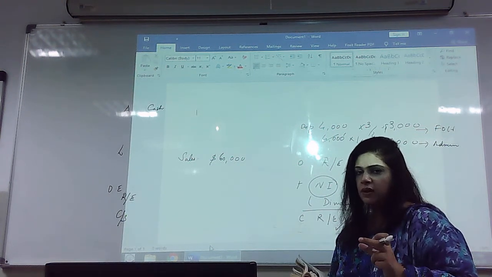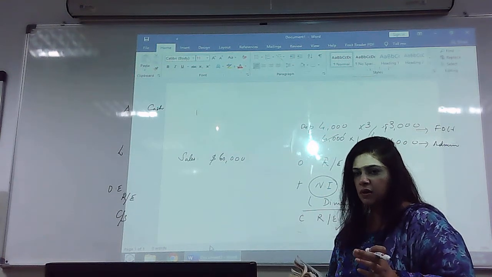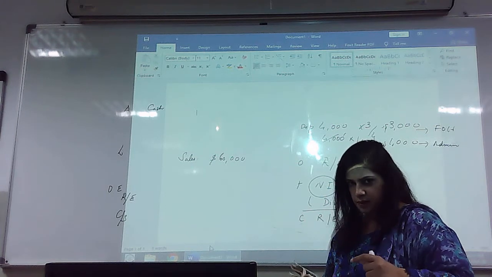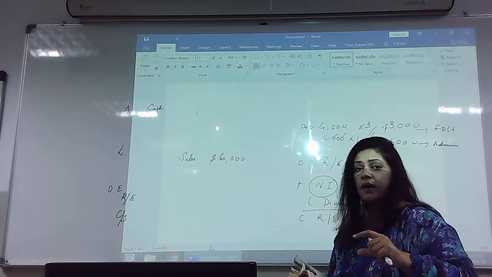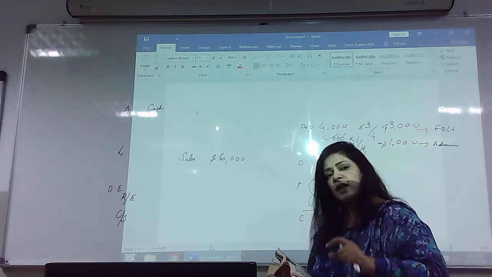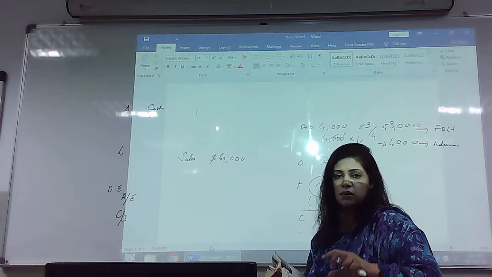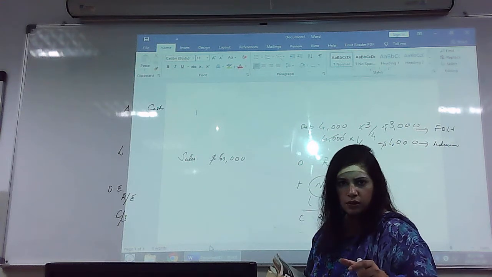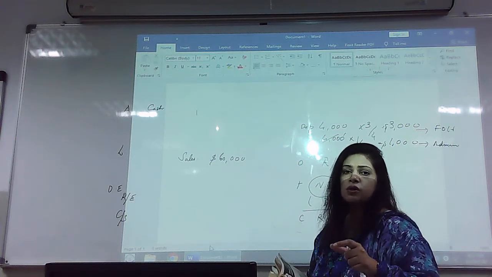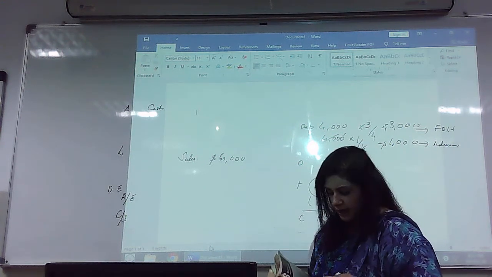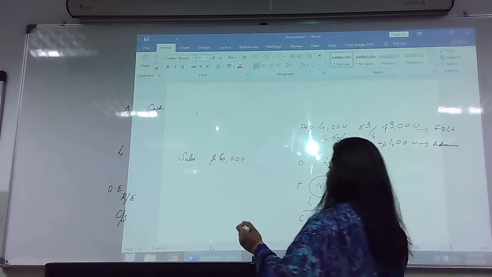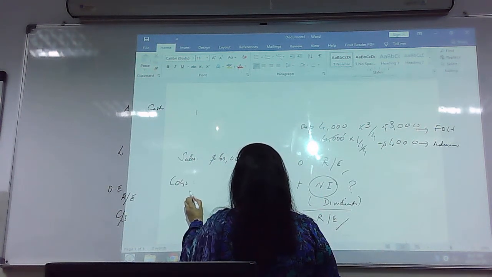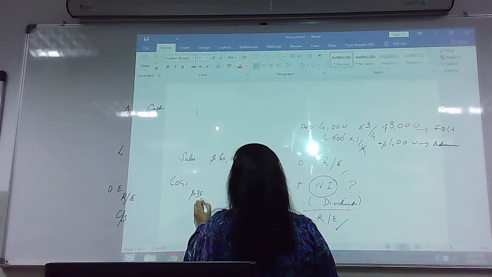They have not said to us that there is some unsold value in this, because they say that sales were made on account of finished goods that were completed. So finished goods completed and sales were made on their account. So that is why I say these are cost of goods sold. Okay, and the value is $38,000. So now cost of goods sold was actually $38,000.